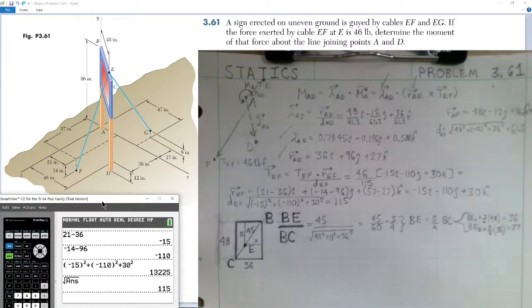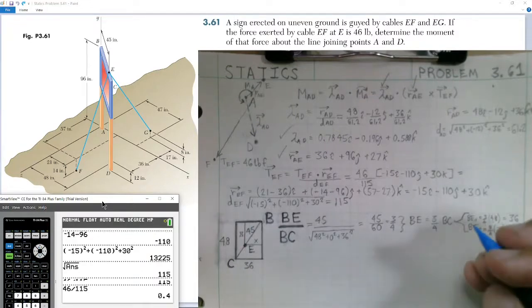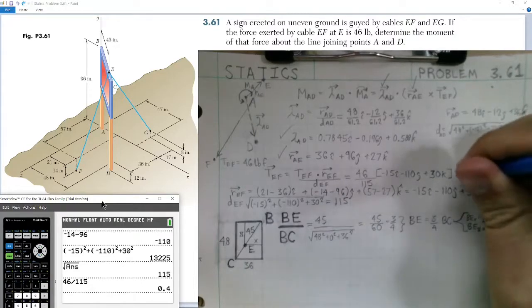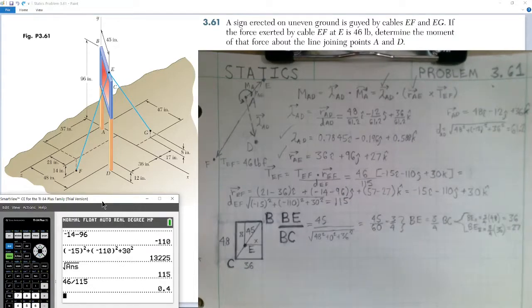So we're going to say 46 divided by 115. This is equal to 0.4, multiplied by negative 15, negative 110, and 30. So multiply 0.4 times each one of these components.